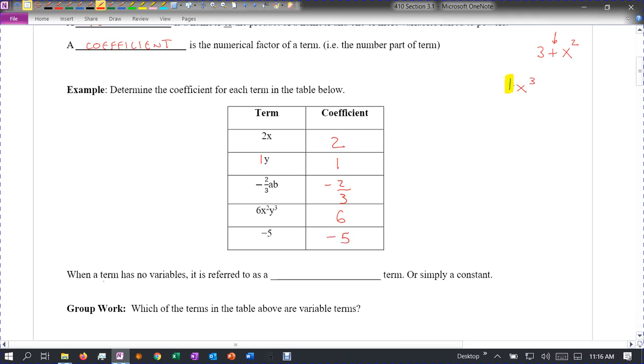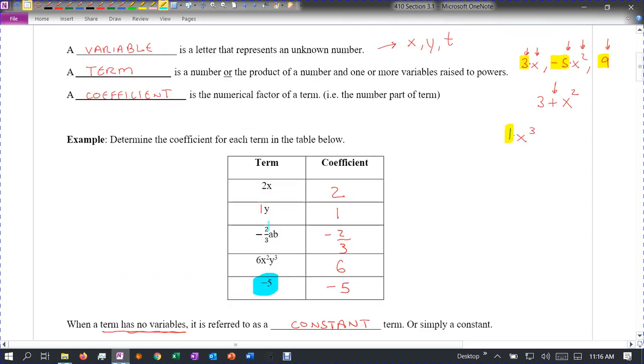Now, whenever you have a term that has no variables, we refer to that as a constant term, or simply a constant. So an example of a constant term would be that negative 5 I wrote there. Or back up here when I wrote 9 by itself, those are referred to as constants. So they're just a number without any variables appearing next to them.